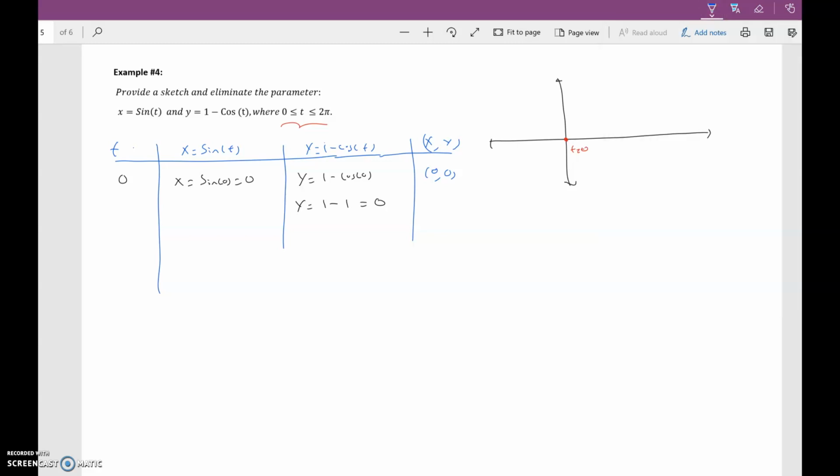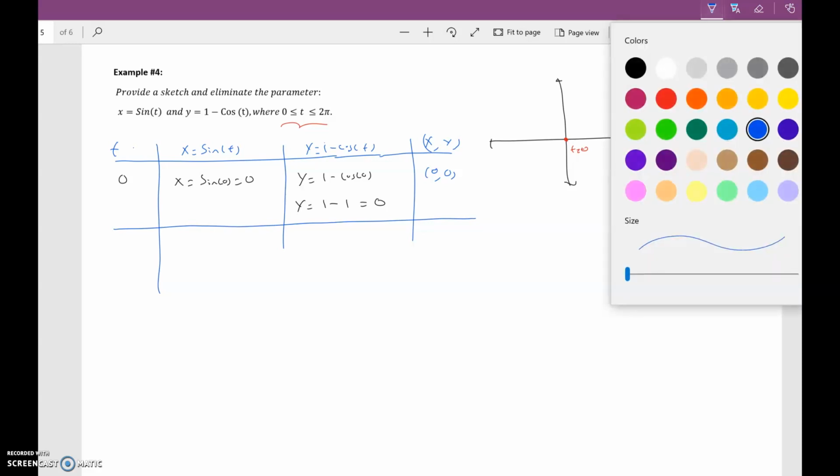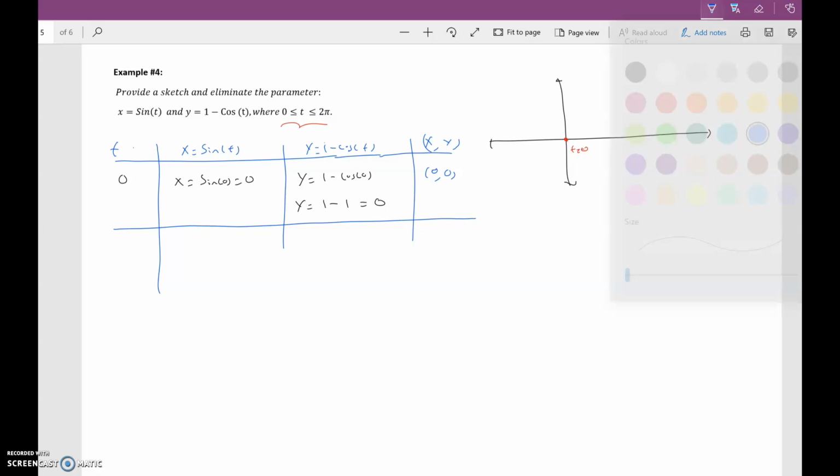And for the second one, let's pick pi over 2. So x is equal to sine of pi over 2, which is going to be 1. And y is equal to 1 minus cosine of pi over 2.